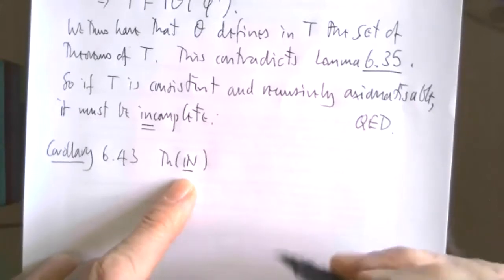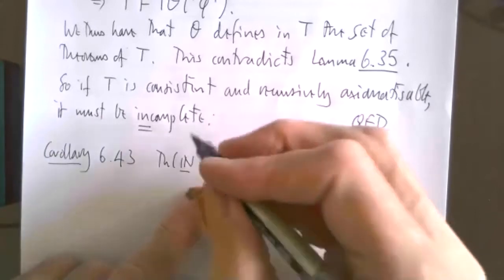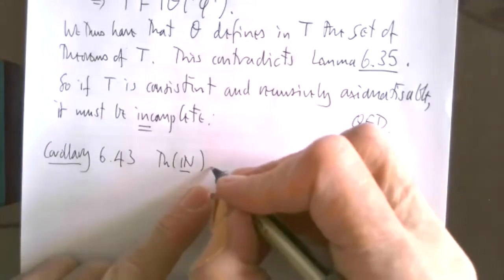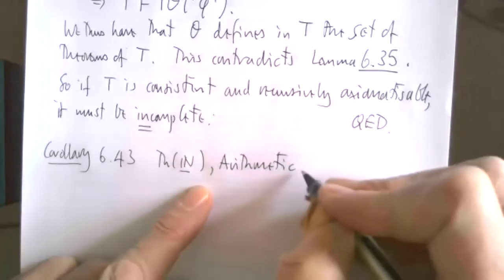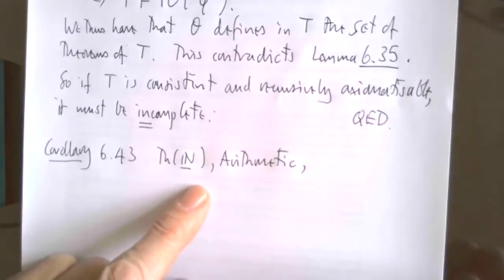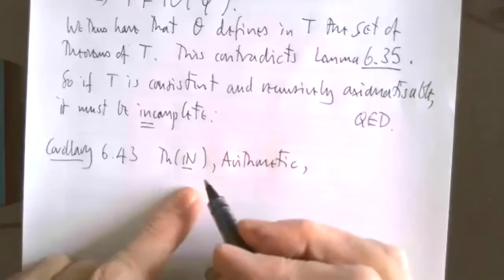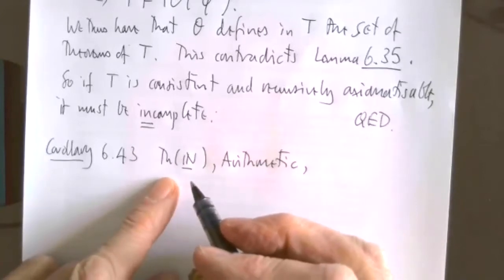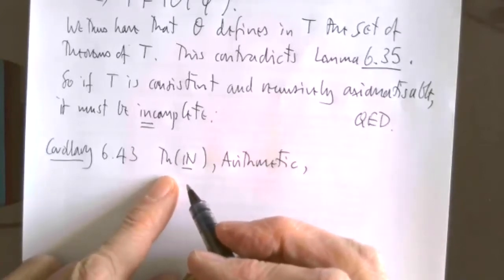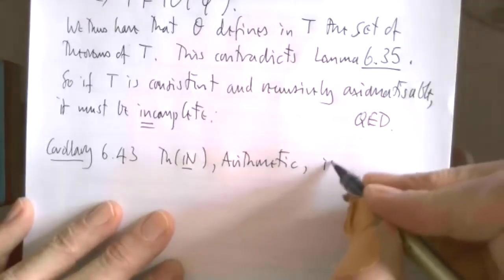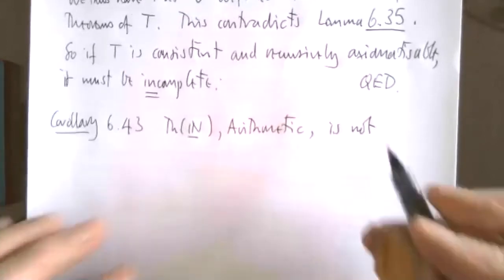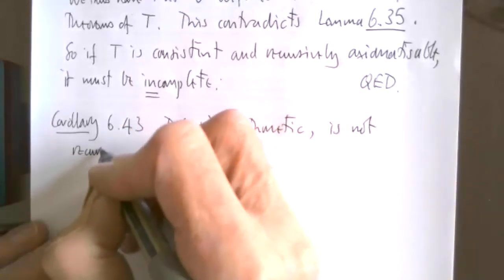It's the collection of everything that's true in the natural numbers. So this is what number theorists are striving for, to find the truths in the natural number structure. It's not recursively axiomatizable.